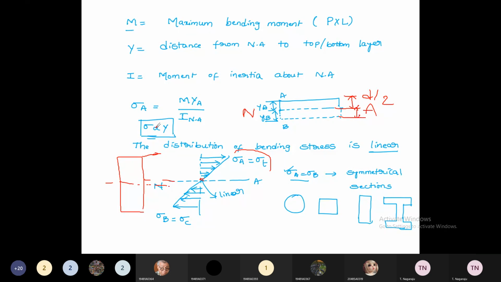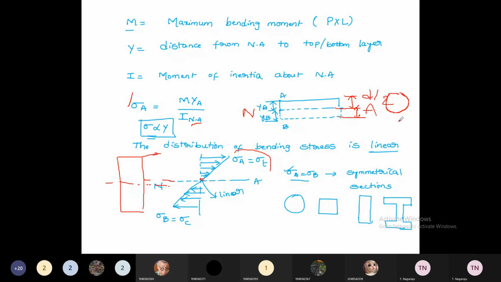Then the bending stress at point A is M into y_A divided by the moment of inertia at the neutral axis. In this case, the moment of inertia is constant for a cross section. If it is a circular cross section, the moment of inertia is pi by 64 d power 4.